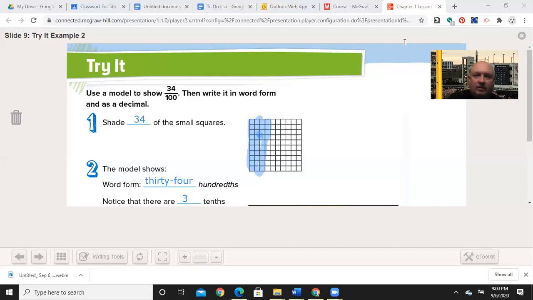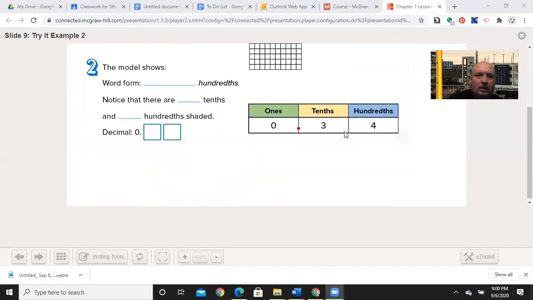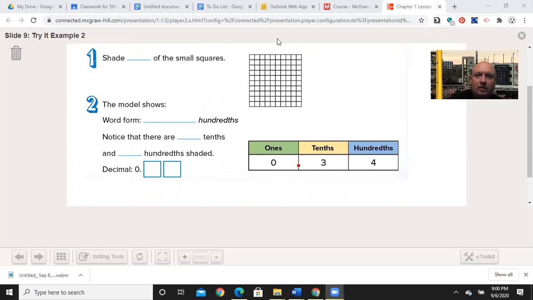And I'm going to scroll down on the next slide here. Clear my drawings. I'm going to shut that off there. And I got to get to the bottom. I'm going to go right back to my annotate tool. We had 34. There were 3/10.